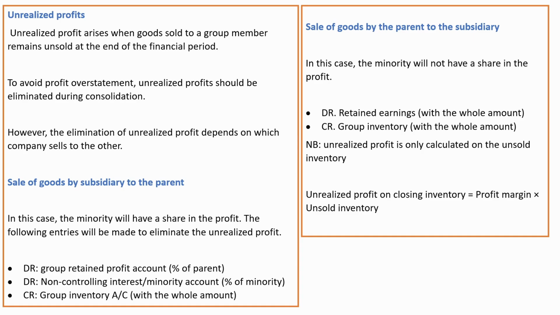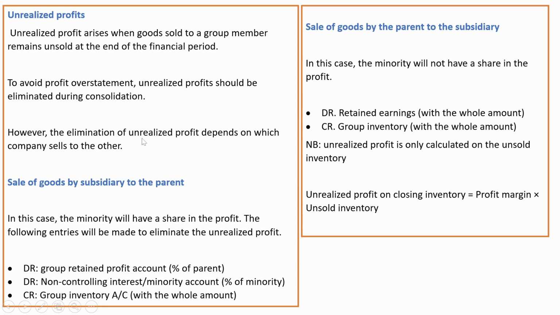But when you sell goods within the group of companies, the profit remains within the companies. We call it unrealized because it is still within the group. To avoid profit overstatement, unrealized profits should be eliminated during consolidation.